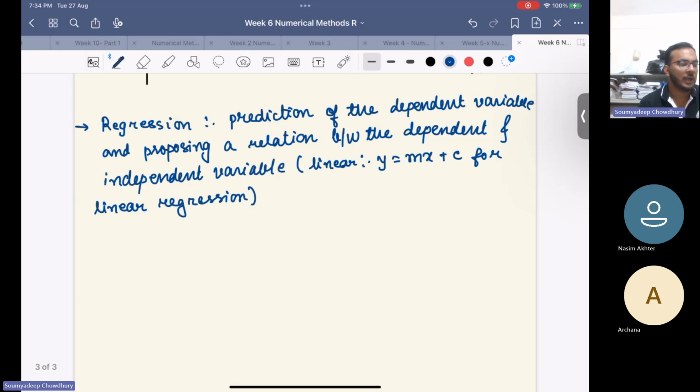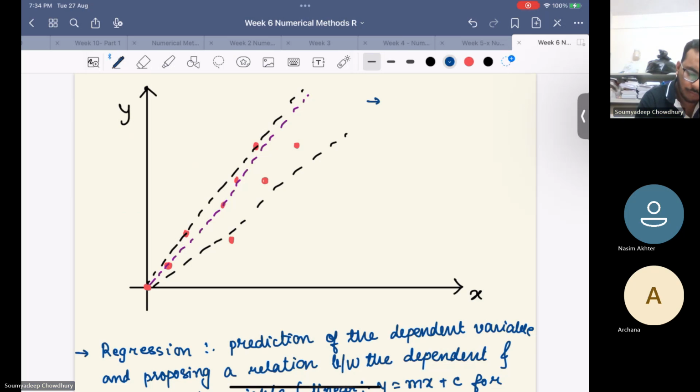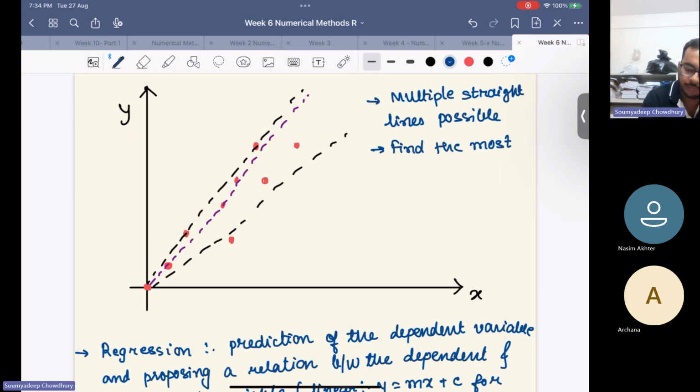Here, what I told, I'll write it: multiple straight lines are possible.